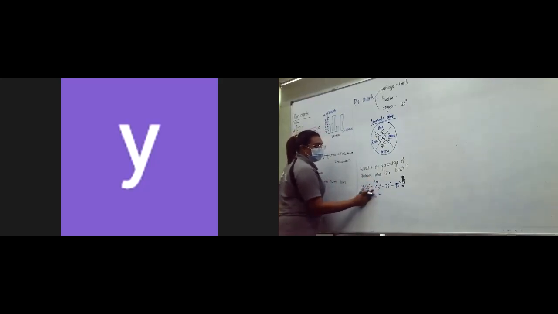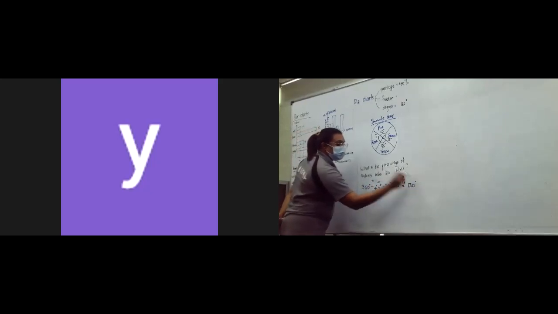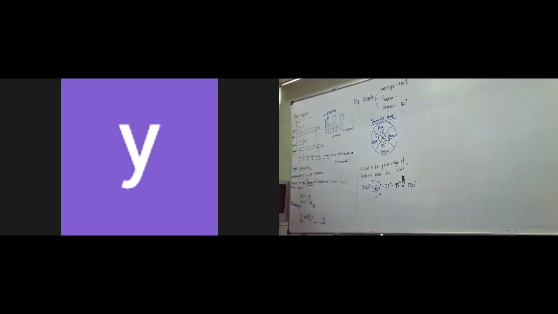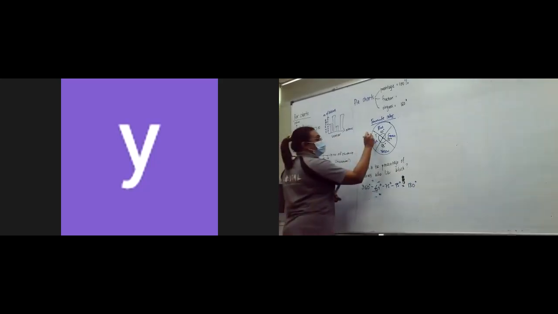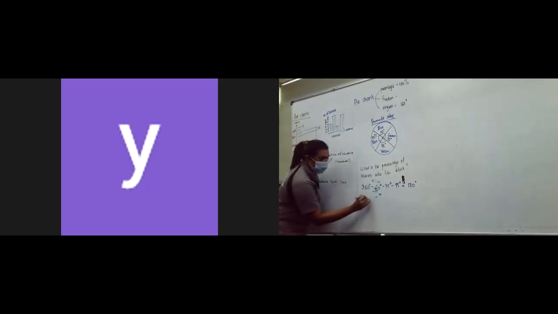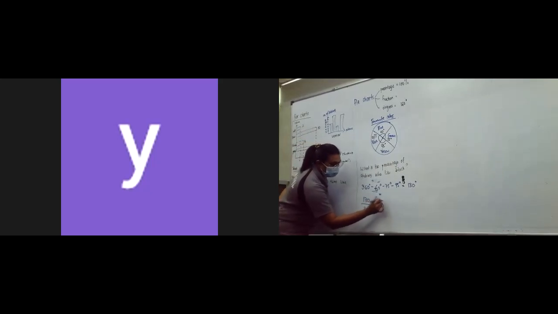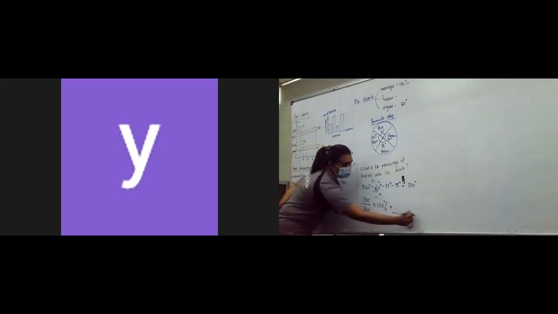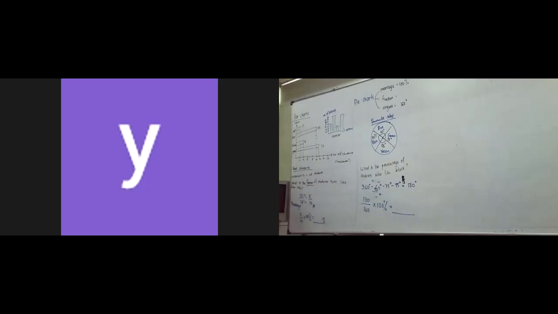Yes, correct. So 130 degrees, correct? Now you know the black is 130 degrees. So now how to calculate percentage? 130 over 360 times 100%. Find the answer.